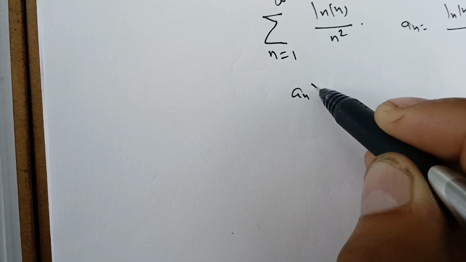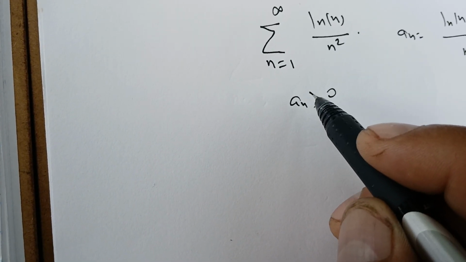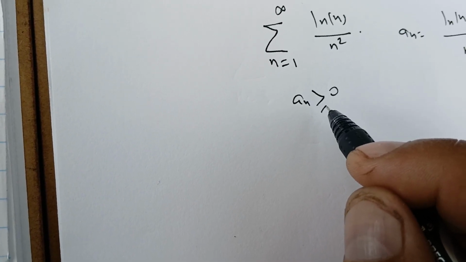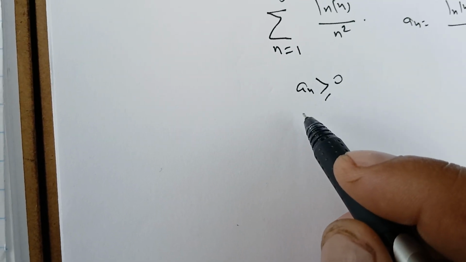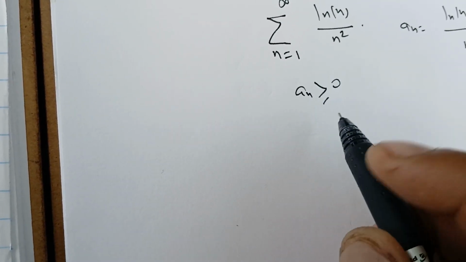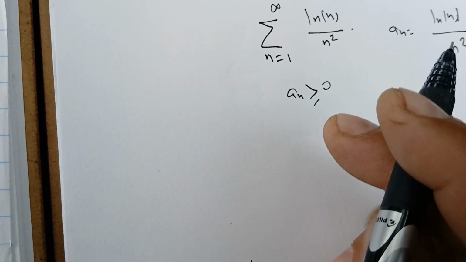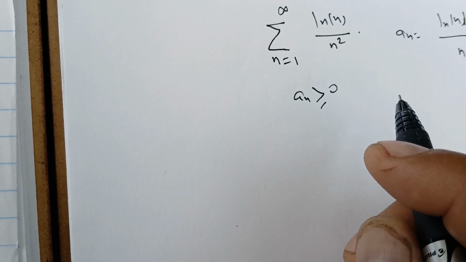So a_n is bigger than 0. Then it's decreasing, and it's increasing when n is equal to 2.